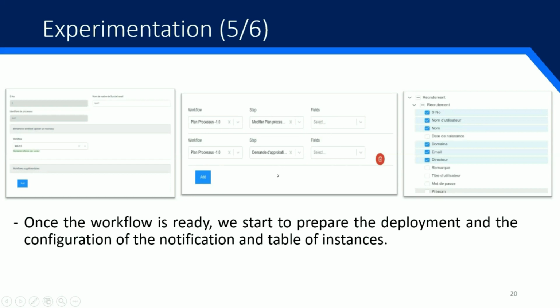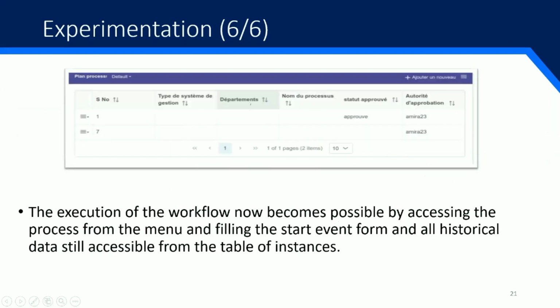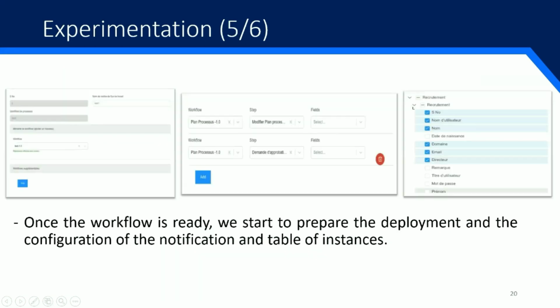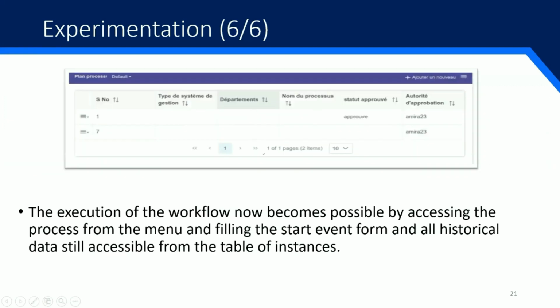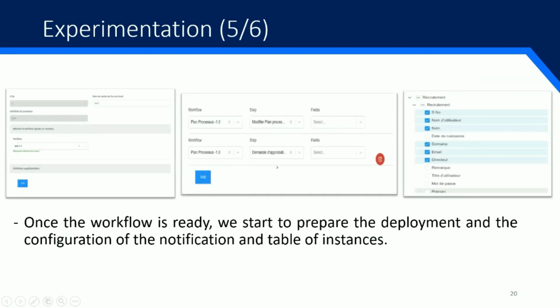Then, when we click on the submit button, we go to this page, which helps us select the different fields that we want to be shown in the table of instances relevant to this specific workflow. This is an example of a table of fields relevant to this process. Those fields are selected in this step, and during the execution of the workflow, for each user task, we will see the different fields that have been selected.